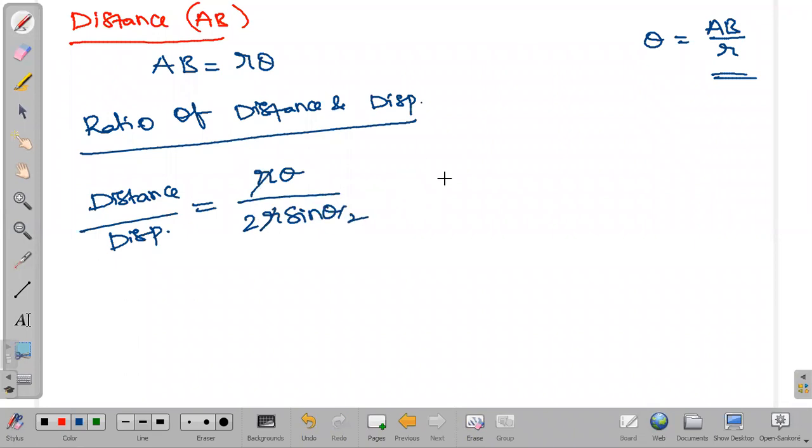What will be left out? 1 by 2 into, 1 by 2 means theta by 2 I can write, theta I can take outside, and 1 by sine will become cosec theta by 2 we will be getting. So this is the ratio of distance and displacement in case of circular motion.